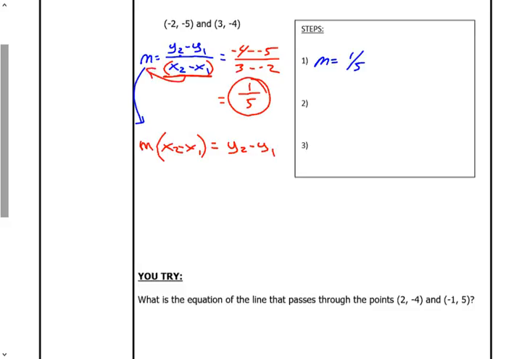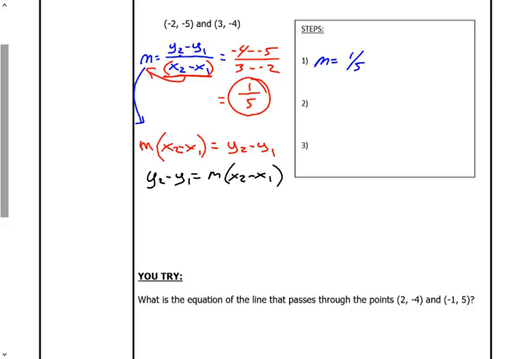And actually, this is done. This is point slope. I can change this and do our symmetric property and flip it around. And the only difference is that instead of x2, y2, I just call that x and y, and I don't plug anything in.